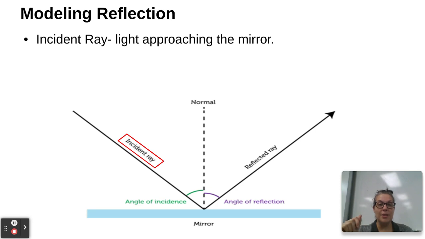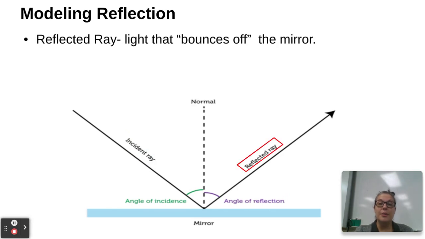So let's talk about the parts of the model that we had just seen. We have the incident ray, and this is the light that's approaching a mirror or a surface. We know that this is the approaching ray because this other ray is bouncing off. So we call this the incident ray, the incoming light.